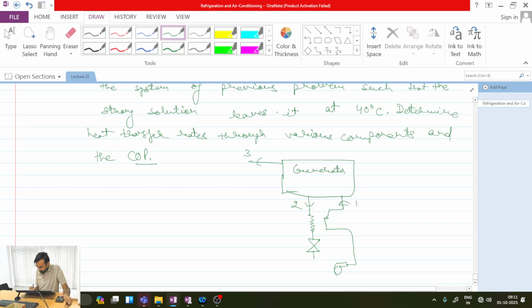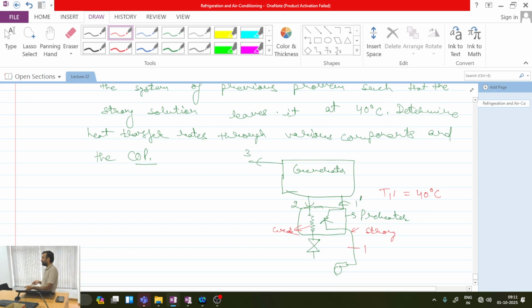So this is 1 dash and this is my preheater. In the preheater, which one is weak, which one is strong? This is 1 dash, strong, and this is weak. Okay, and strong solution is leaving at T1 dash.